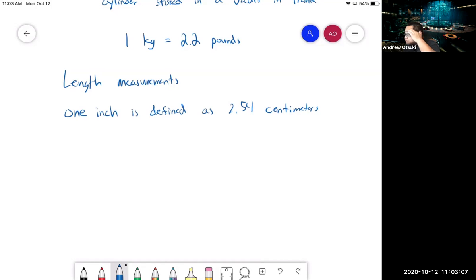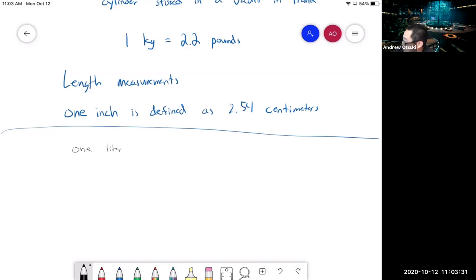Okay, so we already talked about a cubic centimeter. Let's go over a few more relationships about that. Just as a review, 1 liter is defined as exactly 1,000 cubic centimeters.